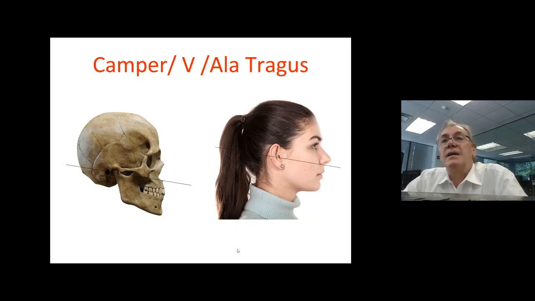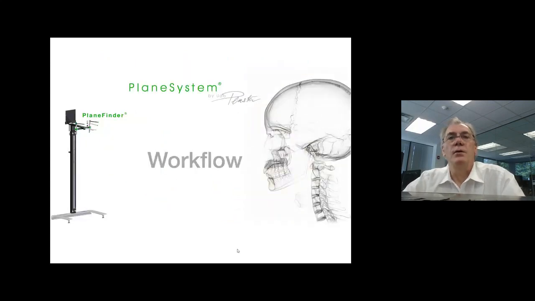Instead, the ala tragus is a plane that is known to be a skin reference, therefore located directly on the skin of the patient. Much easier to localize, much easier to use, and much easier to see. So it's actually the ala tragus plane that has been adapted by the plane finder in order to locate the angle of the plane of occlusion.